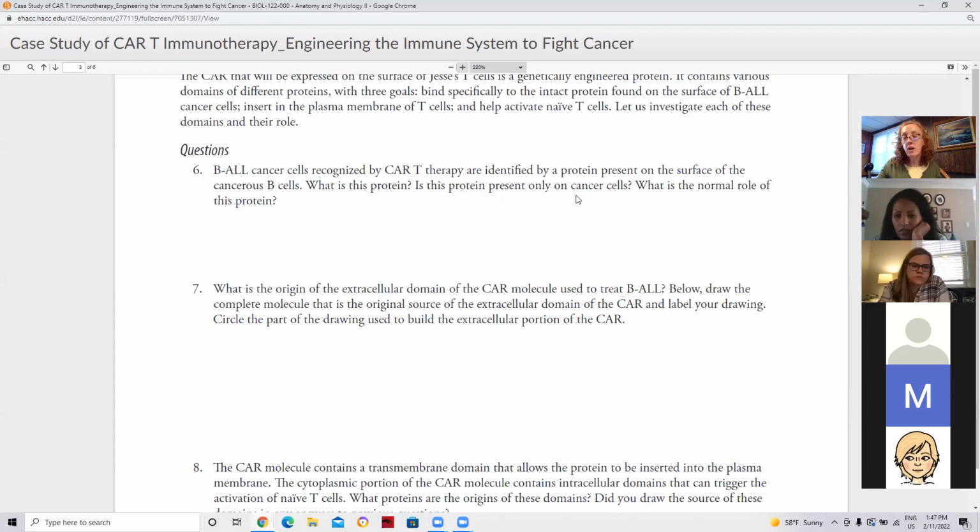Because it's found on premature B cells that are naive B cells, they haven't been exposed to antigen yet. It would be present only on naive B cells. And since most cancers are naive, undifferentiated cells, you're most likely going to find it on cancer cells.